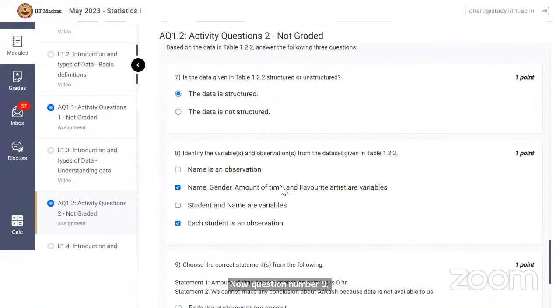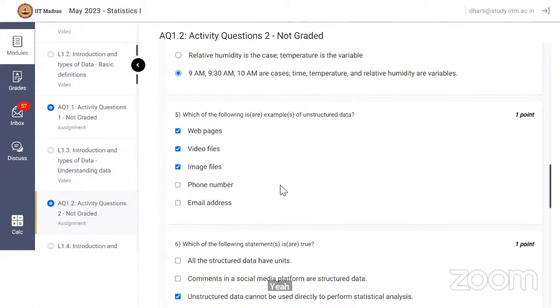Question number 5, ma'am. Which of the following? Someone was asking this, right? But the jersey numbers are also random, there is no structure between them. They are just numbers.